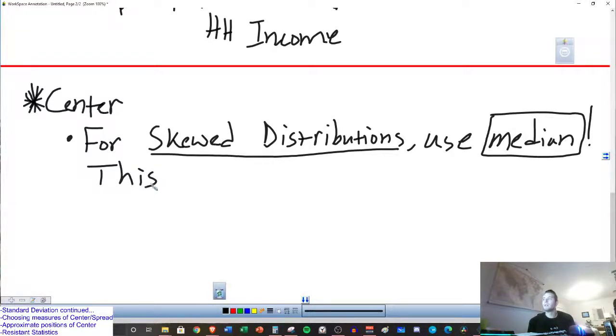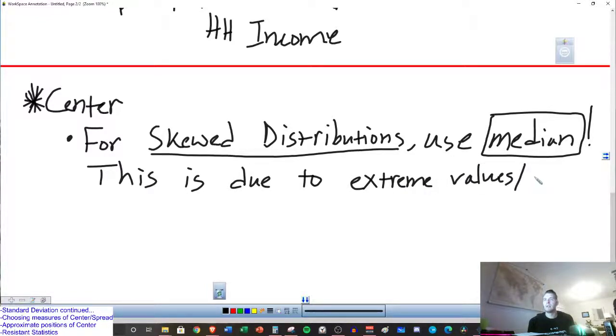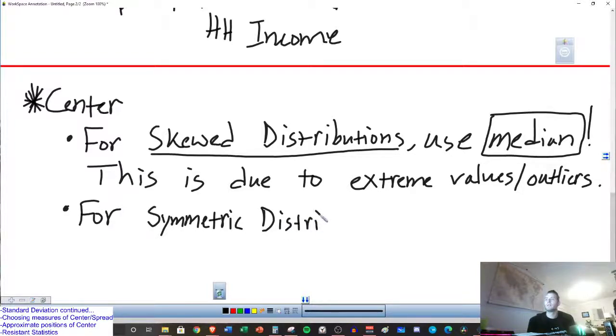This is due to extreme values and outliers. Next, for symmetric distributions, use mean.